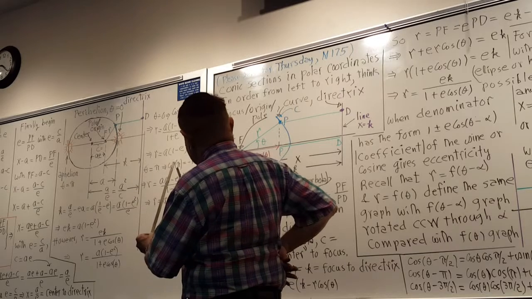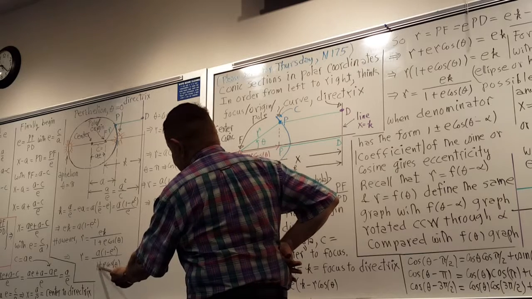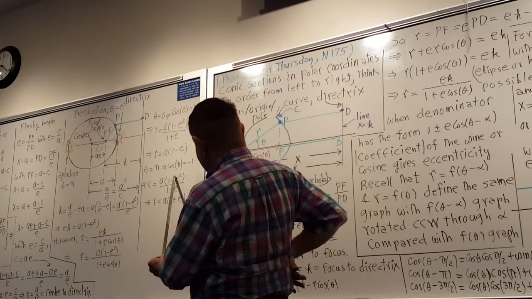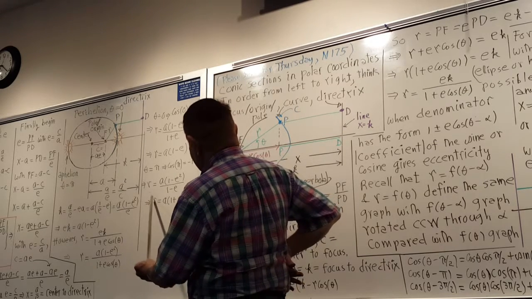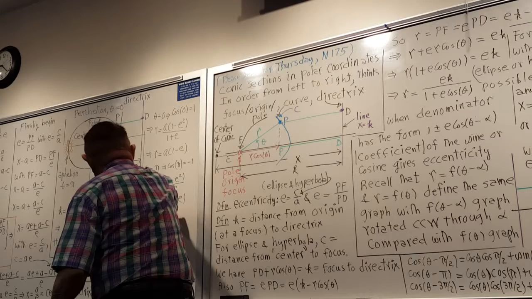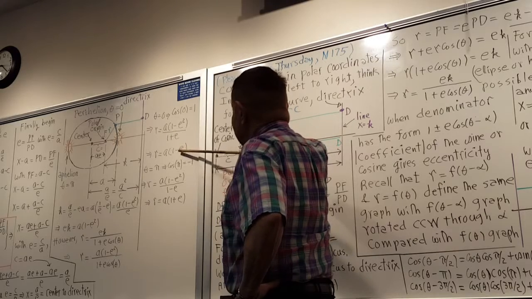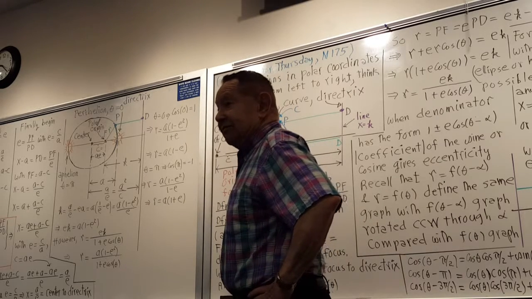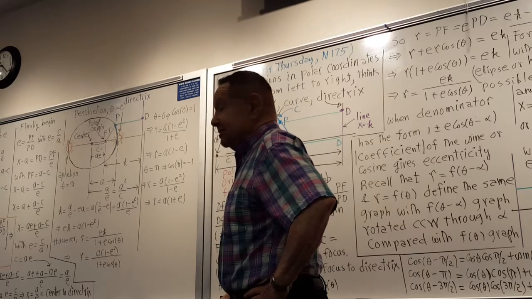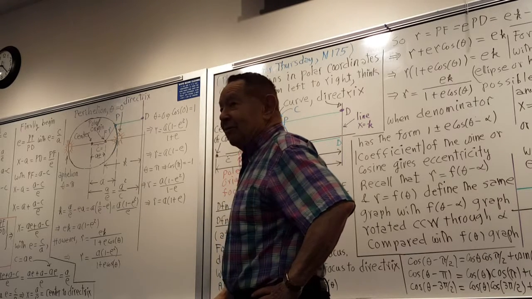And at pi, your cosine pi is minus 1, so you have 1 plus E times minus 1, so you have 1 minus E, and you factor into here. And so now the R from focus to there is the major axis length times 1 plus E. Well, it might seem as though there isn't that much difference, but for the Earth's orbit, the Earth's eccentricity, the difference is about 5 million kilometers, which is a long way to walk in the winter.